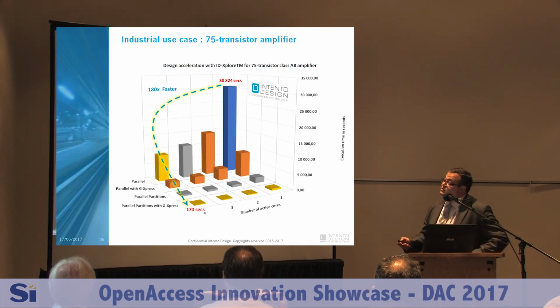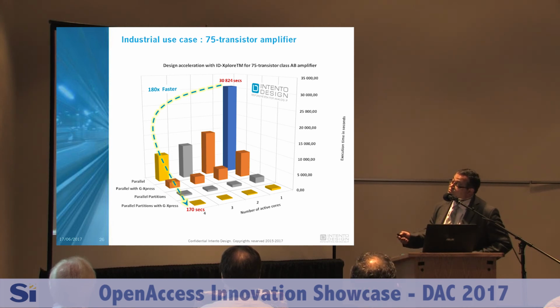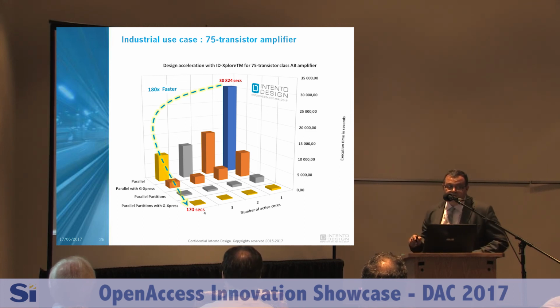So today, this is what we announced at DAC. For this circuit of 75 transistors, with a single core serial version, we can size it in 30,000 seconds. But with these 3 different categories of technologies, it's like a gear shift. We can speed up from 30,000 to 170 seconds. We get the same optimal solution in all these trials.